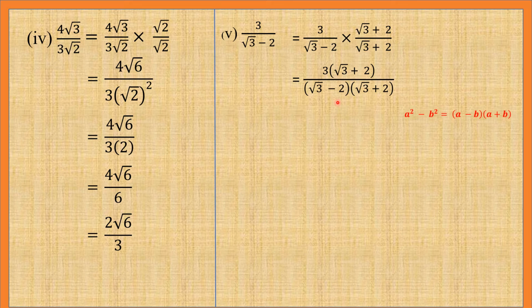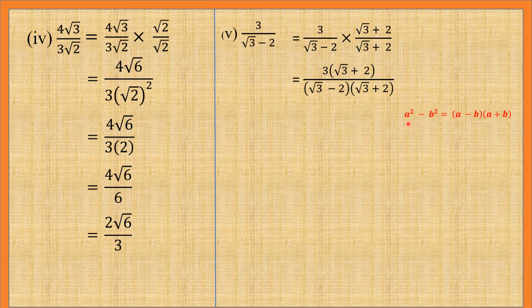So when we have that, in expanding or factorizing this one, we apply what we call the difference of two squares. Assuming you have a squared minus b squared, then it will be equal to a minus b multiplied by a plus b. And see that this particular expression is written in this form. So we can send it to this form.